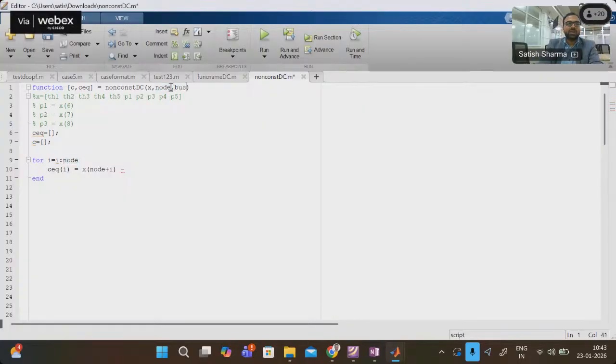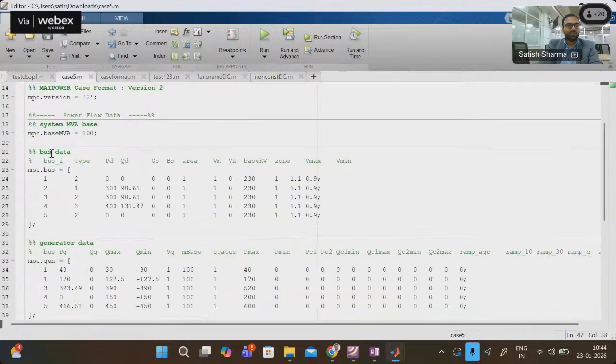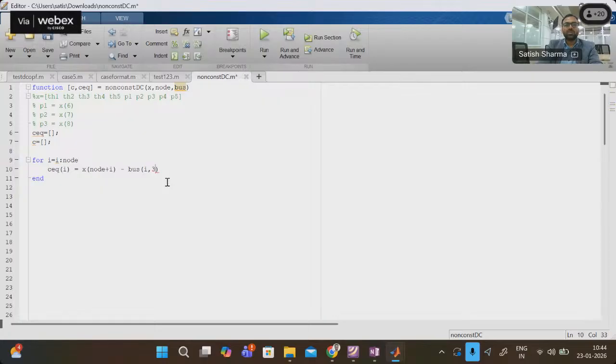So I will assume bus data will also be provided here. For the first node, whatever the demand is, I will get from this bus data. PD is available in the third column, so I will put 3. This is my PG minus PD. That's it, so PG minus PD has been defined.